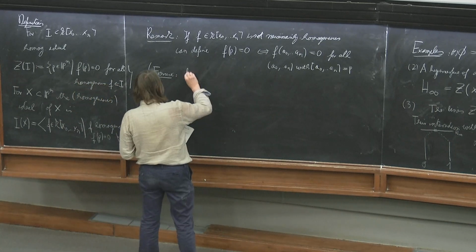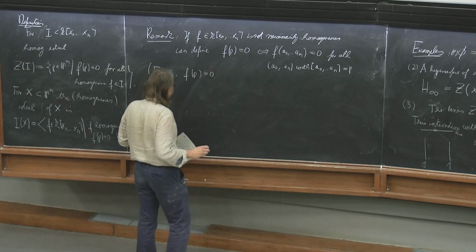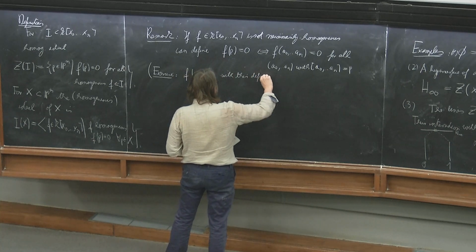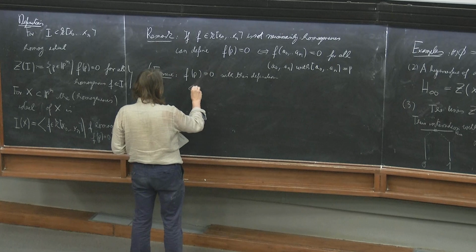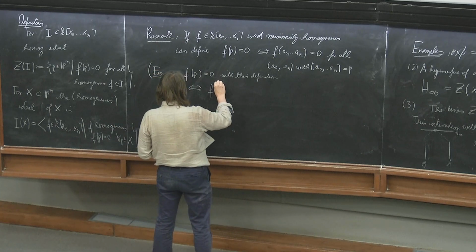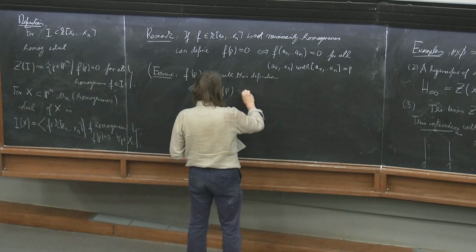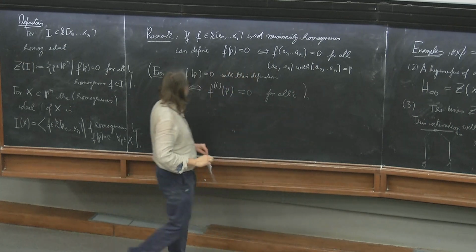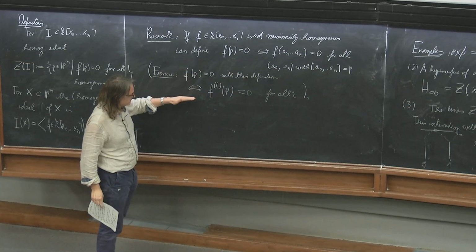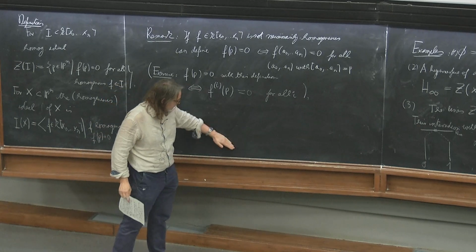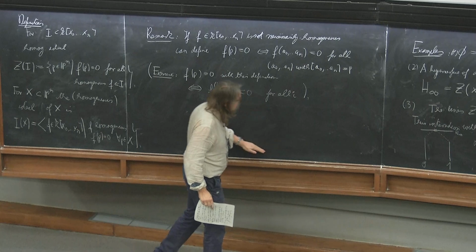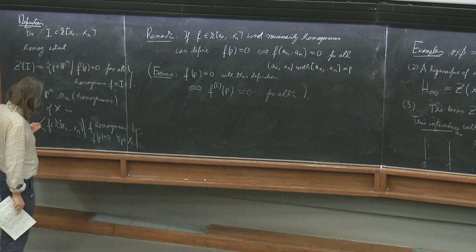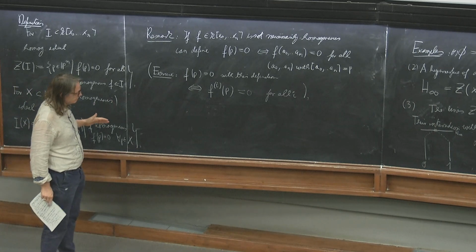So f of p is equal to 0 with this definition if and only if fi of p is equal to 0 for all i. So in some sense, if I give one non-homogeneous polynomial, it's the same as if I give you many homogeneous polynomials, and all of these conditions have to hold. And that's not the right way to think of it. You would think if you put one polynomial, it gives you one condition and not whatever, 50 conditions.